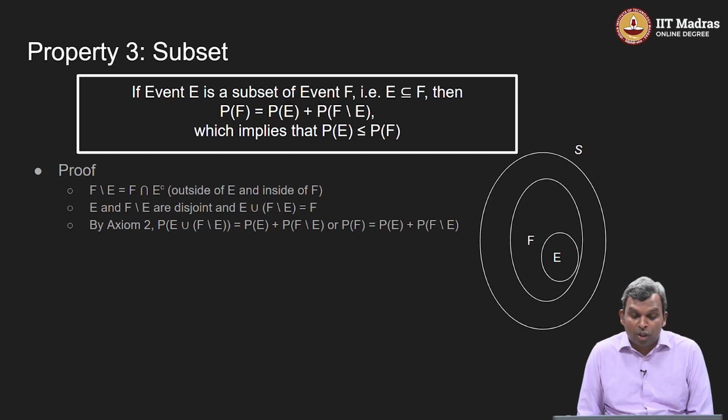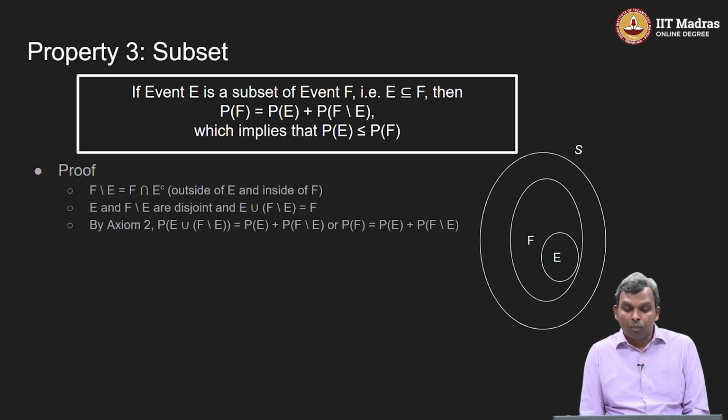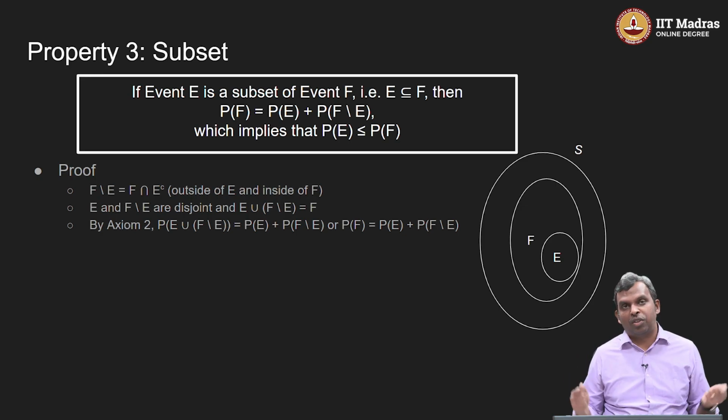Next is what I'm going to call the subset property. Assume two events, where one is a subset of the other. What does it mean to say subset of the other? If E occurred, F definitely occurred, so E is inside F. But F can occur without E occurring also.